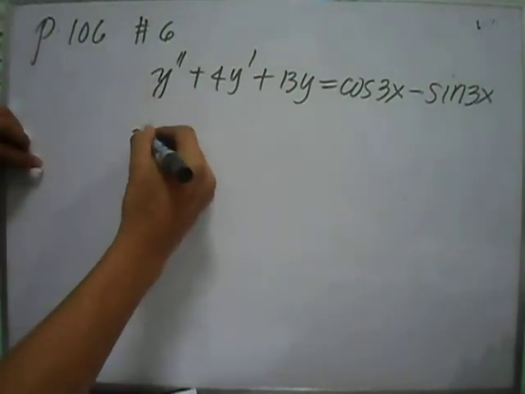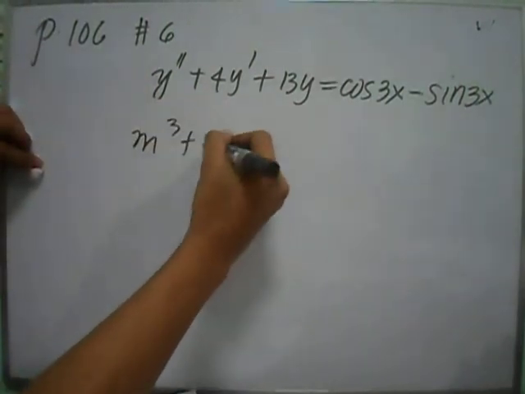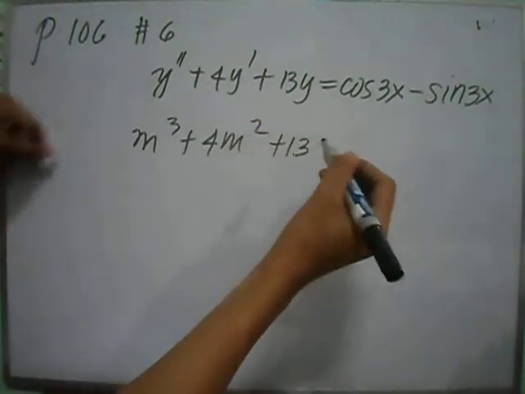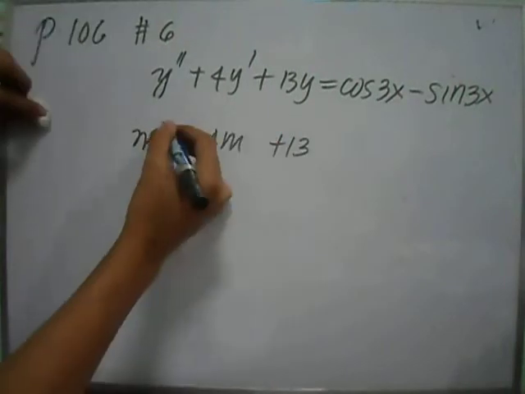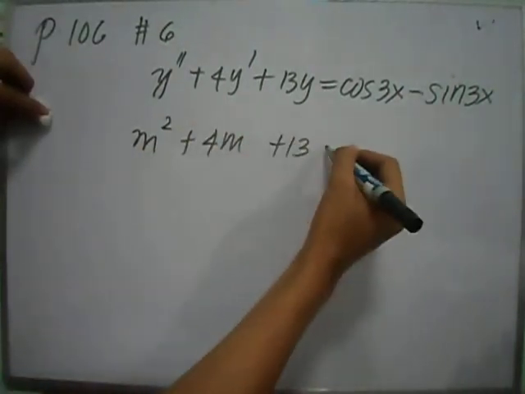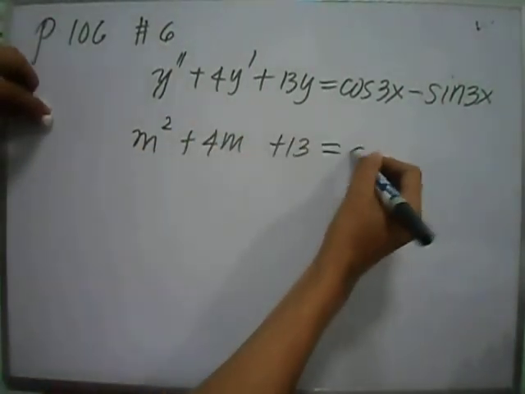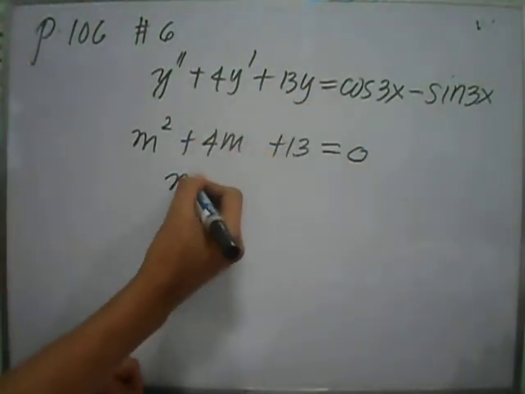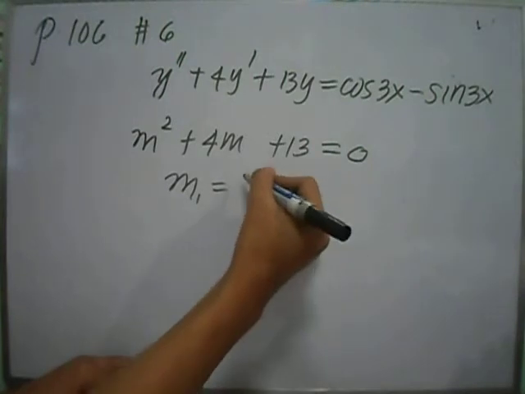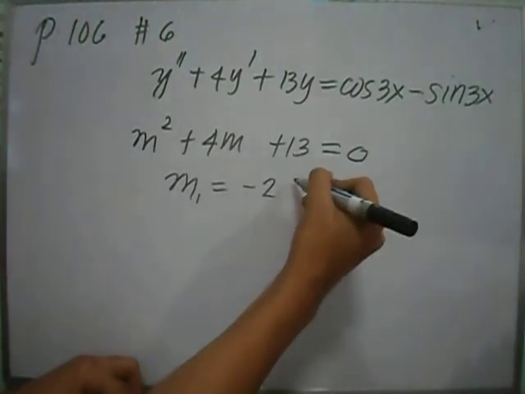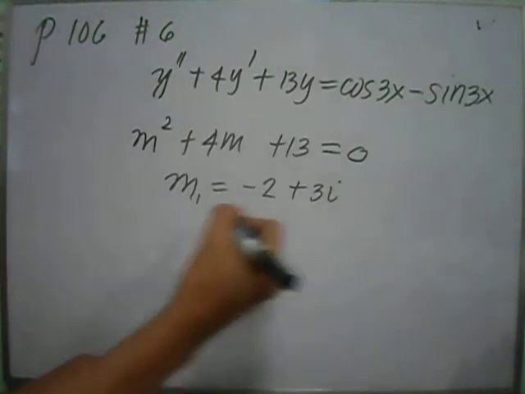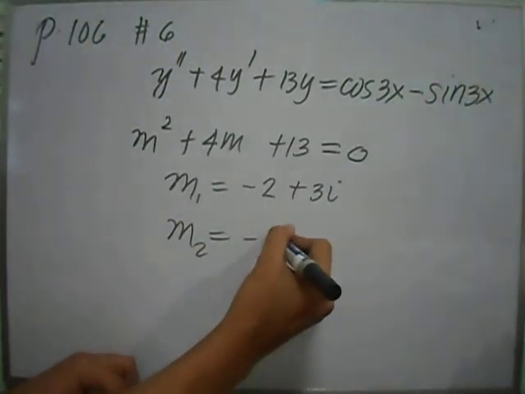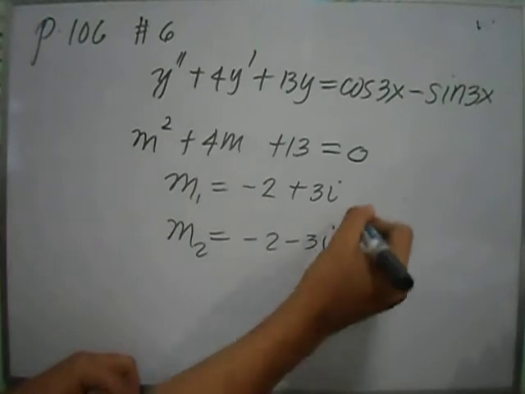We will have m squared plus 4m plus 13 equals 0. Then solving for the roots, we get m1 equal to minus 2 plus 3i, and m2 equal to minus 2 minus 3i.